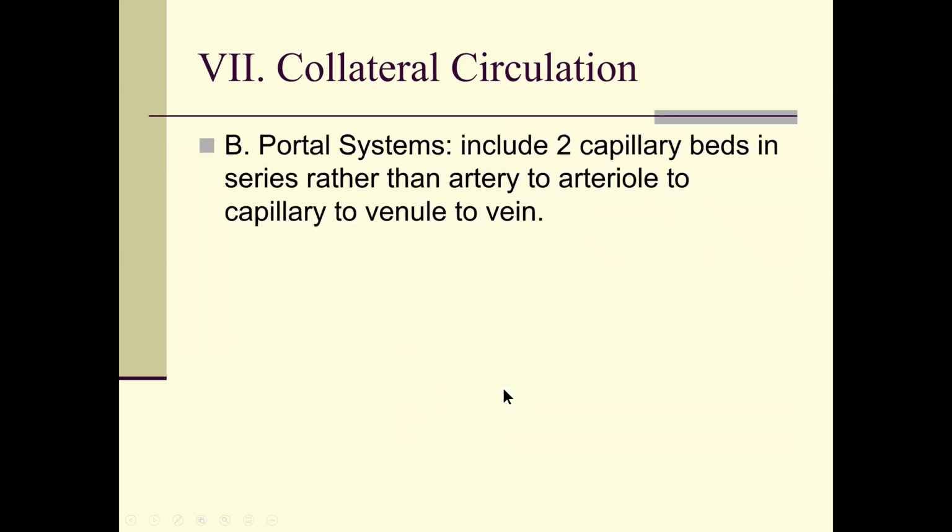Portal system. We have a portal system that essentially has two capillary beds. Normally we think about having a capillary bed to perfuse the alveolus, a capillary bed to perfuse the kidneys, a capillary bed to perfuse something else, okay? But sometimes we need to have two capillary beds in the system, rather than just an artery and an arteriole to capillary to venule to the vein, okay?